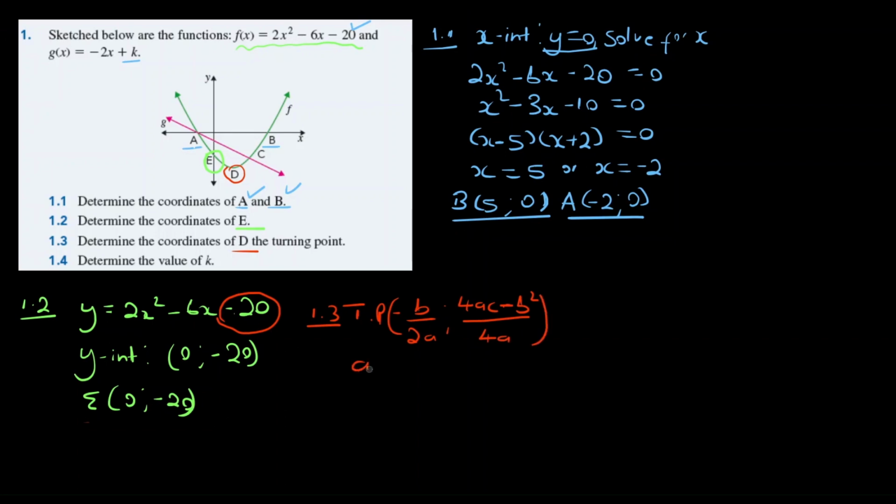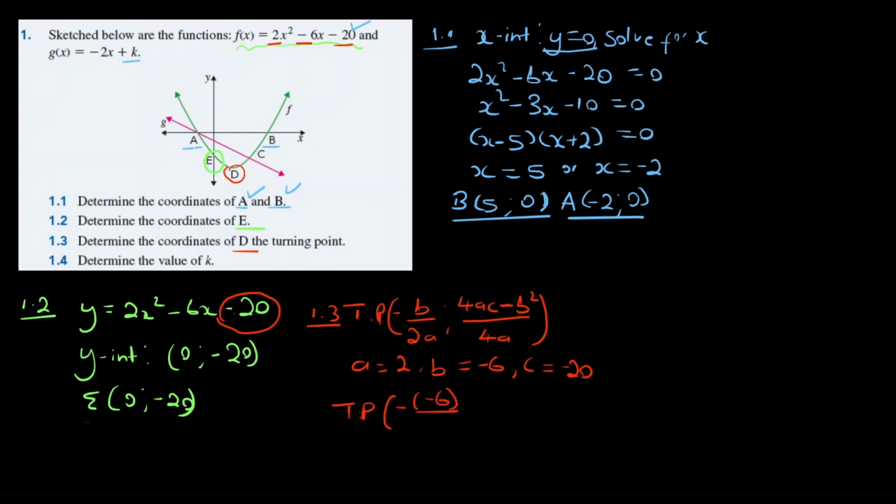We know that a is equal to 2, b is equal to minus 6, and c is equal to minus 20. I'm reading all these values off the graph of f. So we can substitute all the values to calculate the turning point.